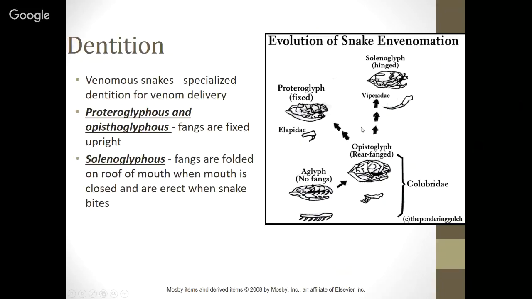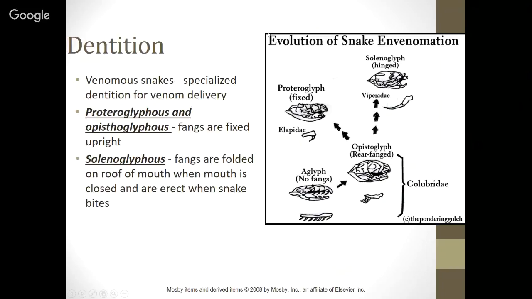These are fixed upright fangs. So proteroglyph are fixed fangs. Solenoglyphous fangs are folded on the roof of the mouth when the mouth is closed, and are erect when the snake bites. So solenoglyph are hinged fangs. So they're closed when the mouth is closed. They're folded over, and when the mouth opens up, they hinge into place.